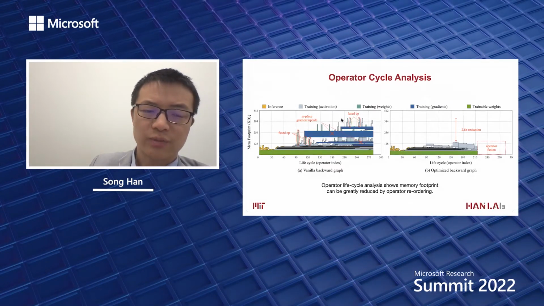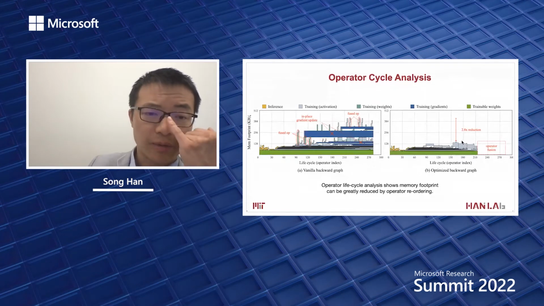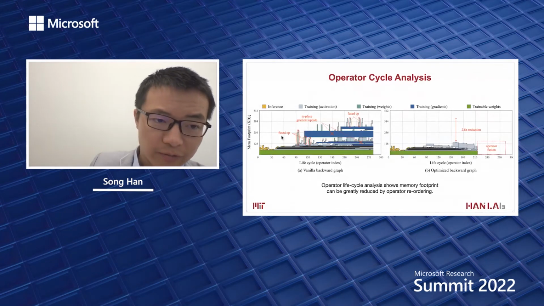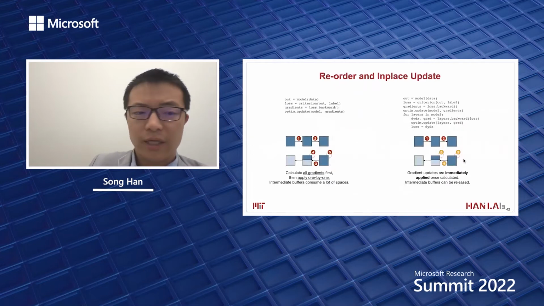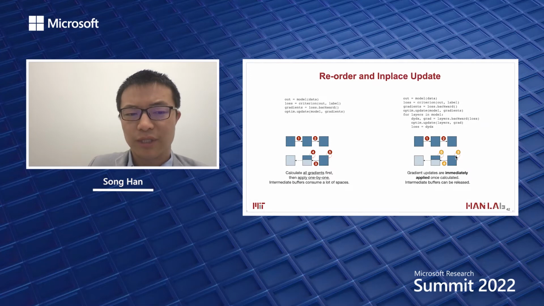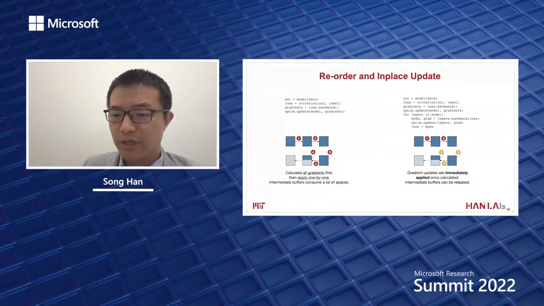The peak memory is bounded here versus a lower point after this optimization, where by fusing the operators and applying this in-place gradient update, we don't need to store the gradient all the way to the end. As soon as we get the gradient, we immediately apply that gradient to the tensor rather than having to wait for all the tensors to finish.